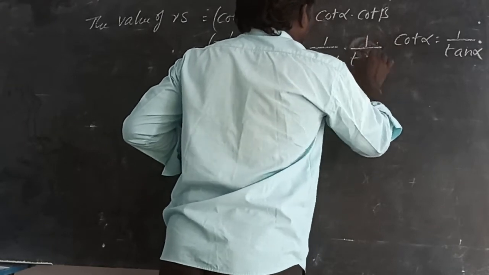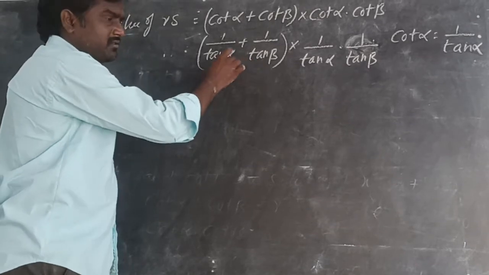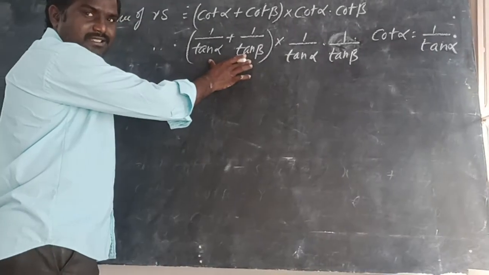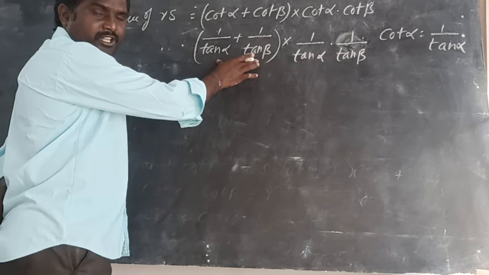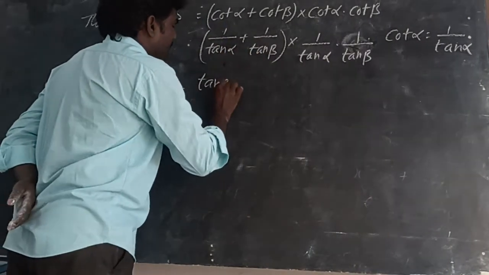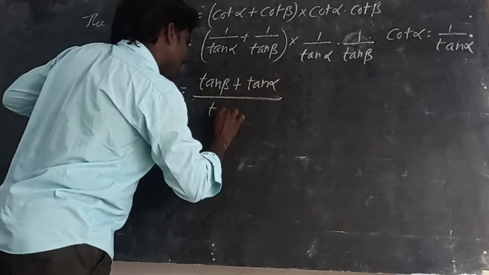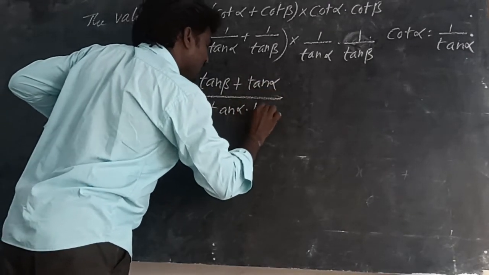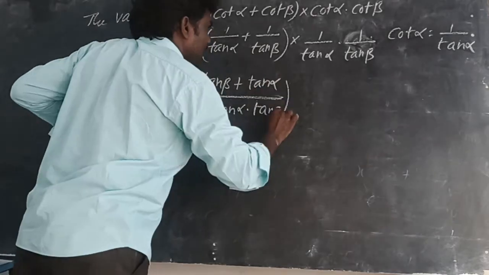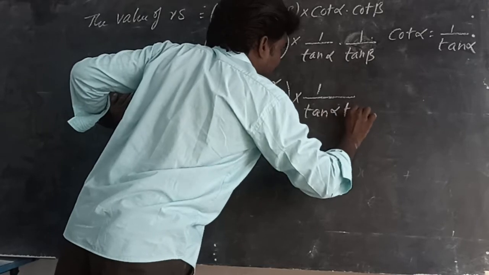Doing the cross multiply, that is (tan beta plus tan alpha) by tan alpha into tan beta, into 1 by tan alpha into tan beta.